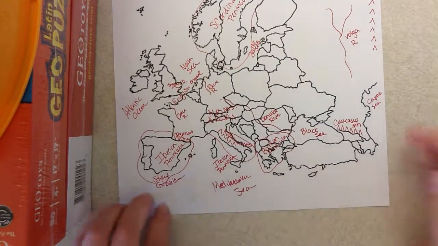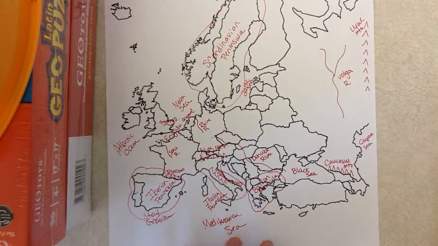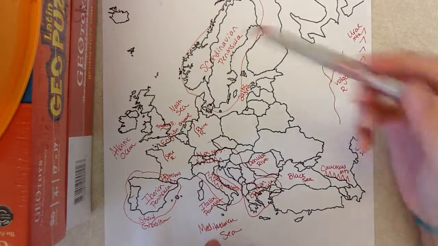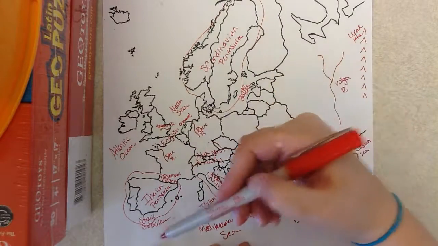It's right here. Okay. All right, so we've got our mountains, our rivers, our peninsulas, and our other important waterways, Atlantic Ocean, English Channel, Strait of Gibraltar.